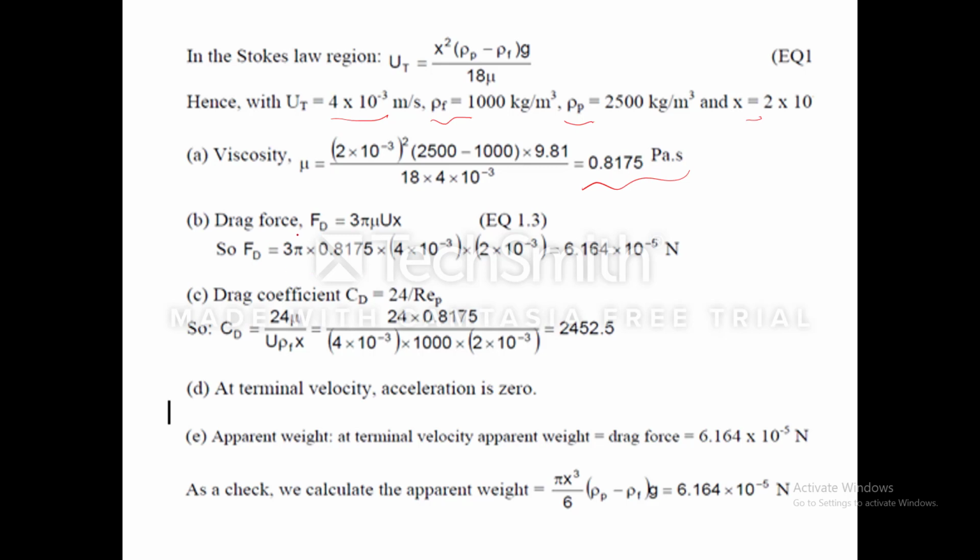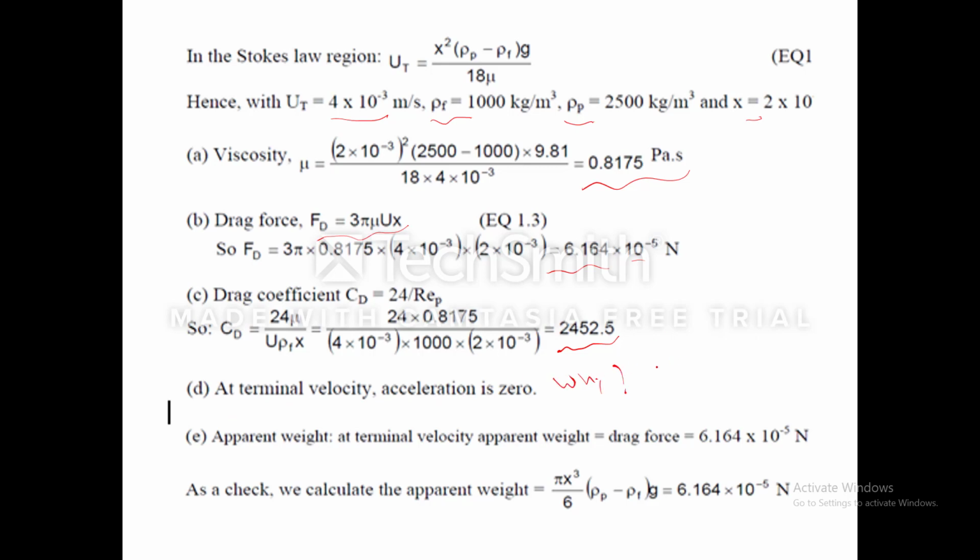Then we can compute the drag force from this equation: Fd equals 3 pi mu u x. So we can compute the drag force. The drag coefficient also comes from the relation CD equals 24 over Reynolds, so CD equals 24 mu over rho u x. So we have the drag coefficient. At terminal velocity, acceleration is 0, and why?